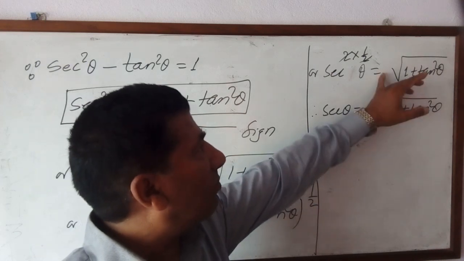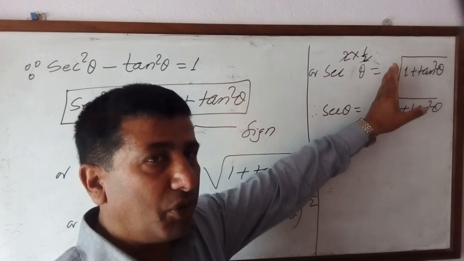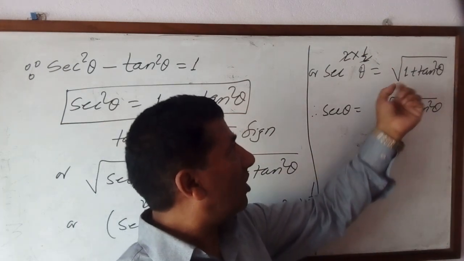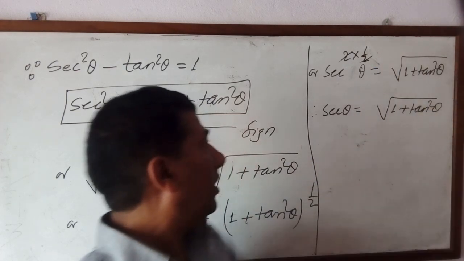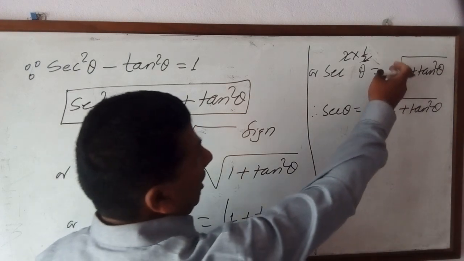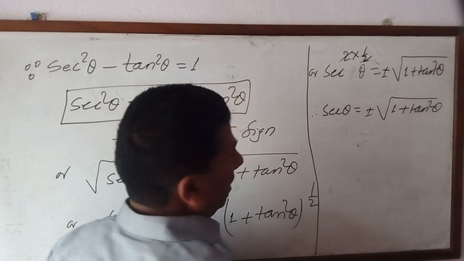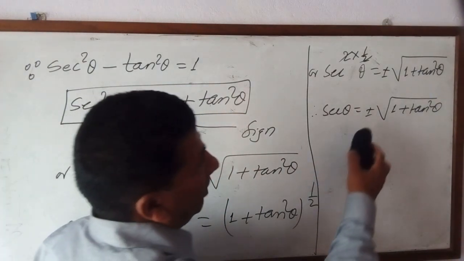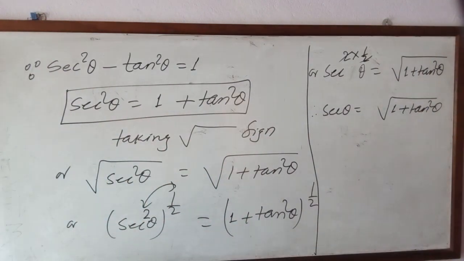Right now I didn't write plus minus, but here it will be plus minus, both positive as well as negative sign. But this is a basic thing, so later I'll explain. The only positive value I have taken. If you need, you can write minus also. Okay, this we derive sec square theta.